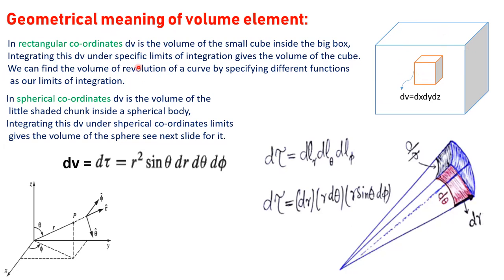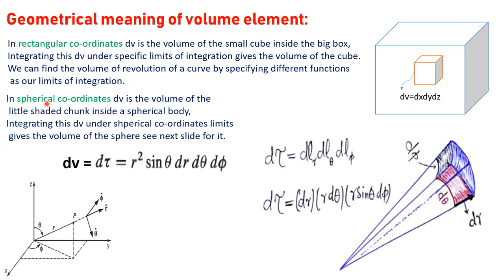We will not be concerned with that in our physics course, but it is an interesting topic in mathematics. So this was the physical or geometrical meaning of the volume element in the rectangular coordinate system.